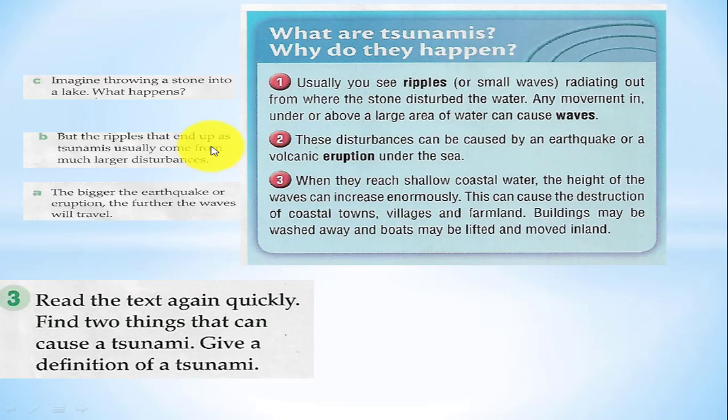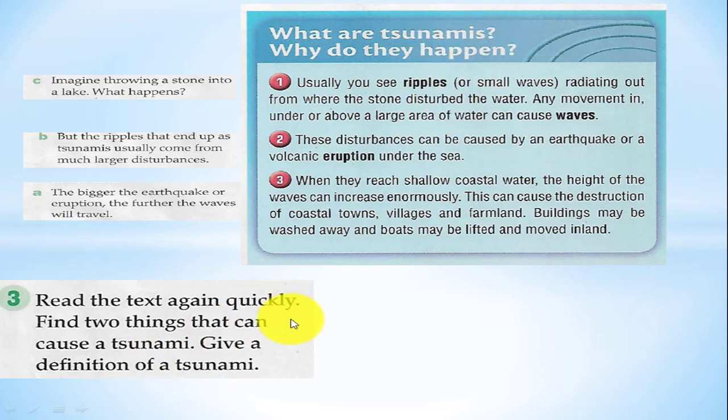Next. Read the text again quickly. Find 2 things that can cause a tsunami and give a definition of tsunami. Actually, this is the answer to the title. Look at the title: What are tsunamis and why do they happen?